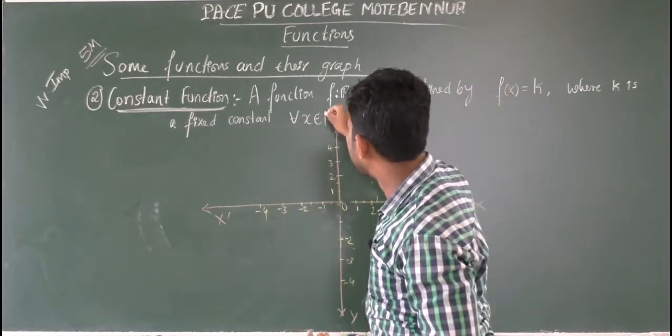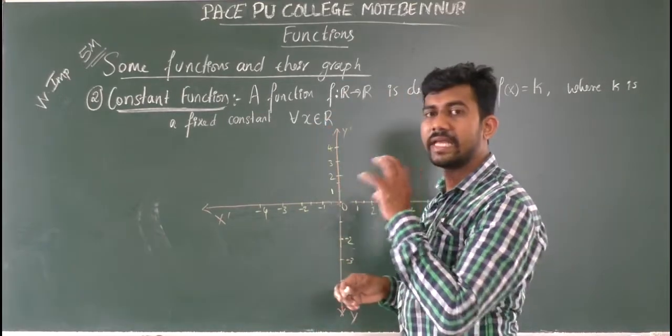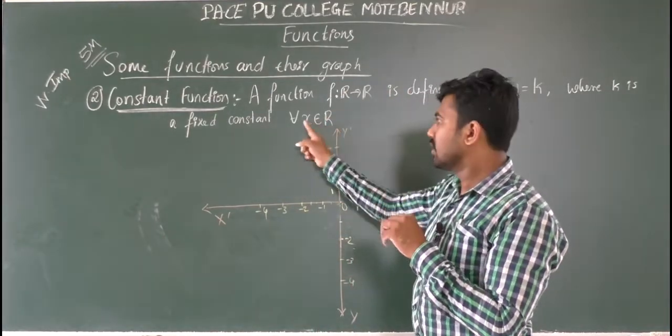That is R. It means if you take any real number of the domain, this nature is the same.